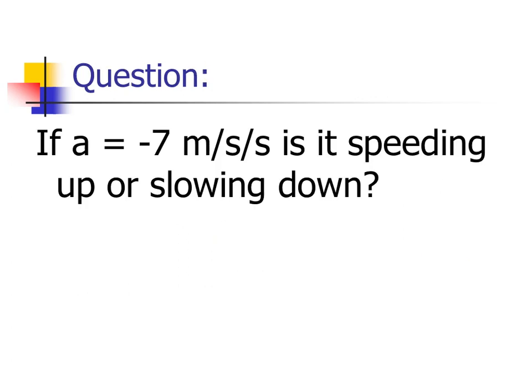So if acceleration is equal to a negative 7 meters per second, is it speeding up or slowing down? This is a difficult question because a lot of us would automatically want to say slowing down. However, if it is accelerating in the negative direction, you're going to have a negative direction divided by time, which will give you a negative velocity.